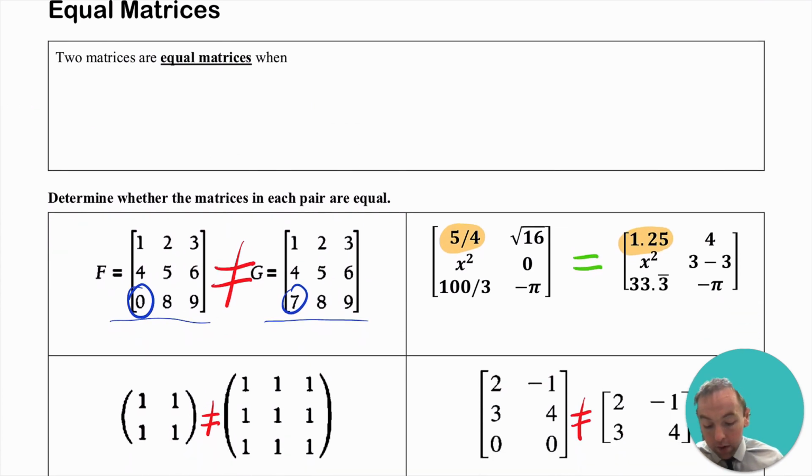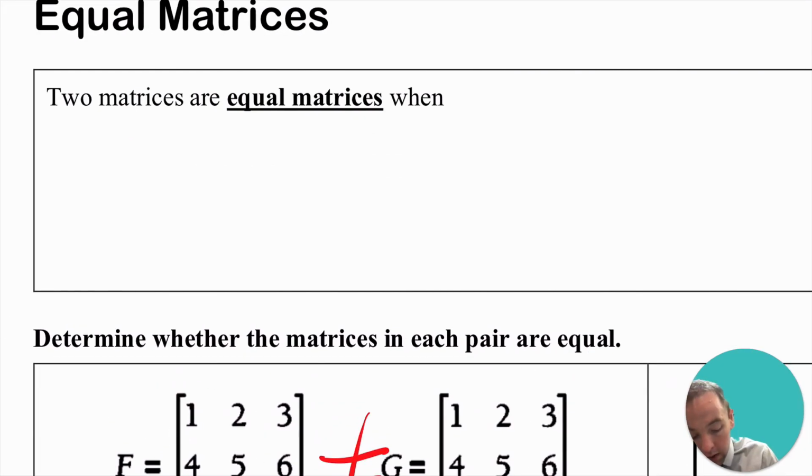So if we're to define what it means for matrices to be equal to each other, you could really boil it down to 2 characteristics. So 2 matrices are equal matrices when, number 1, the matrices have the same dimensions as one another.